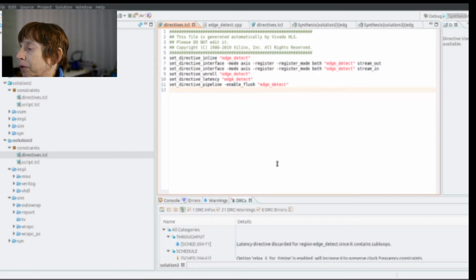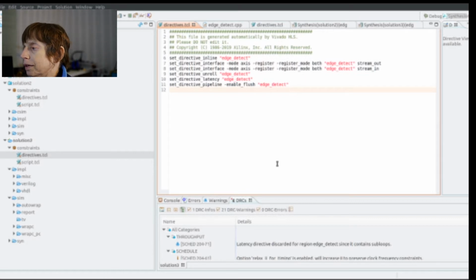Latency, and we've talked about this before, latency and initialization interval. Again, latency is the number of clock cycles for the function to compute all output values. Initialization interval is how many clock cycles before the function can accept new data.